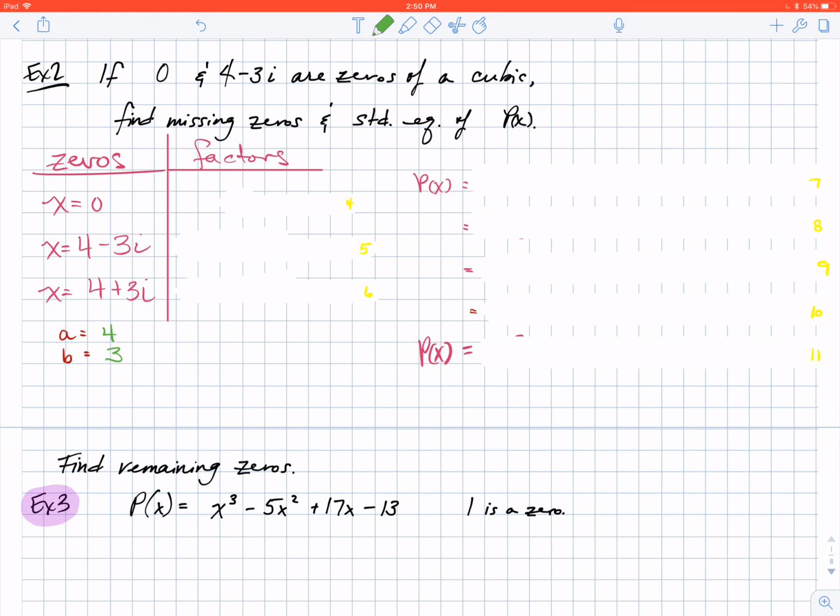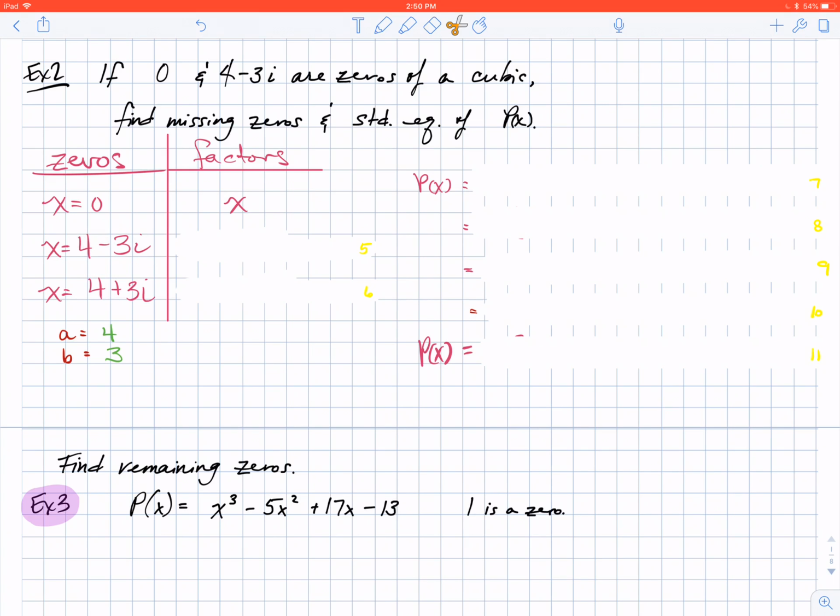All right, now we want to turn our zeros into factors. So if I want to take my first zero, x equals 0, and turn it into a factor, all I need to do is get the number over to the side of the x. So take 0 over to the side of x, and you still just have x. Same thing with the next one. Take the numbers over to the other side of the x, along with the x.